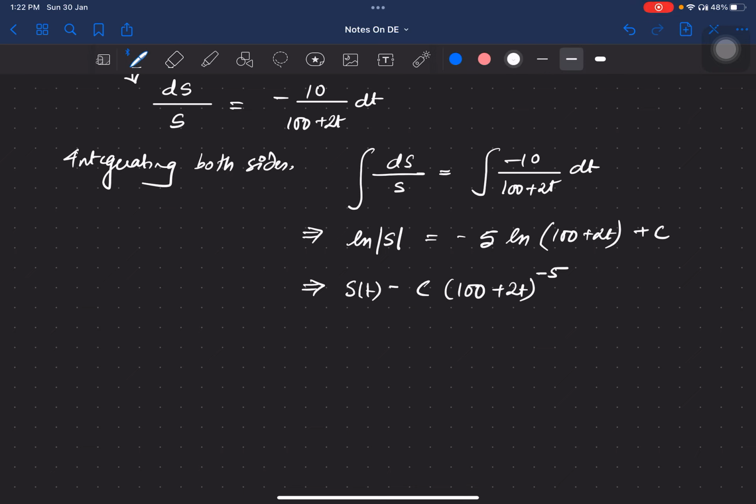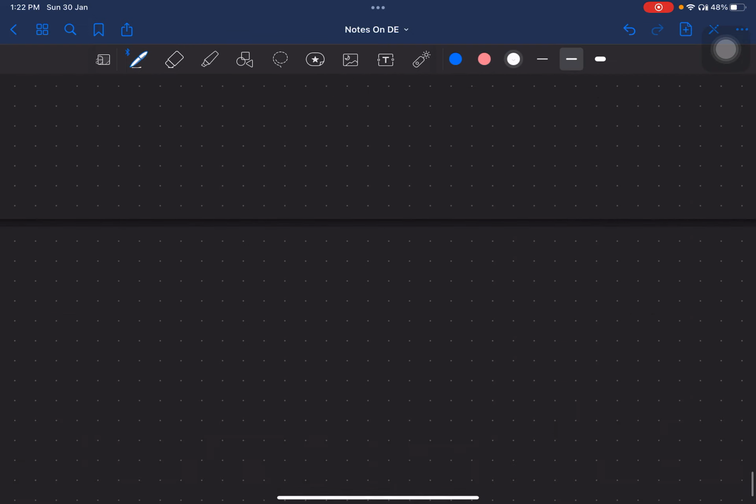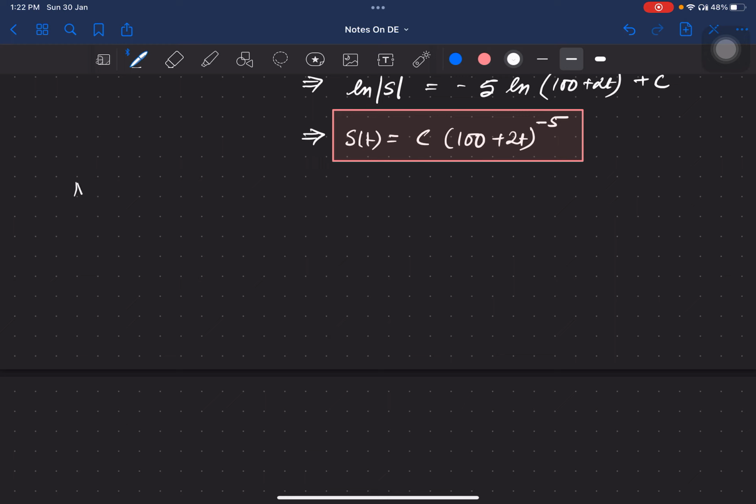Let us write S(t) here. This is the amount of salt in the tank at time t. Now using the initial condition S(0) equal to 10, we have 10 equal to c times 100 to the power minus 5.